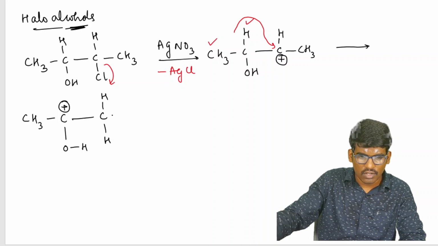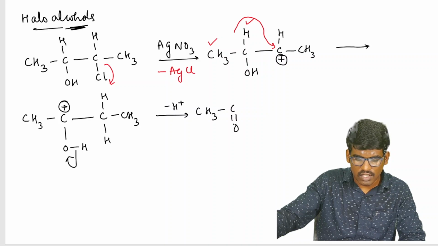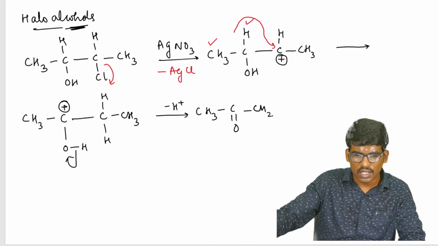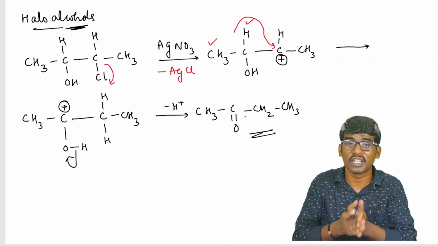So we are going to get CH2, CH3. Now this time we can polarize the bond in this way. H plus we are going to remove again. CH3, C double bond O, CH2, CH3. In such a way we got a ketone. That can be taken as a pinacolone.